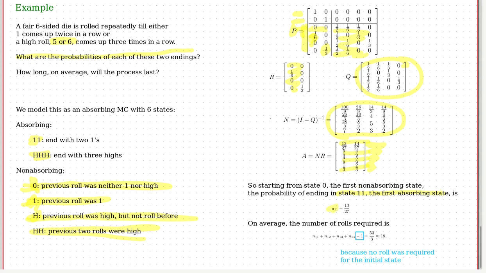In other words, we're starting in the first non-absorbing state, state 0, where we don't have any streak to build on, and we're wondering about the probability of ending up in the first absorbing state, right? And the probability turns out to be 13/27, right? So the probability of ending up in state 1, of rolling two 1s, is 13/27. The probability of ending up in the high state, rolling three highs in a row, is 14/27. It's just slightly more likely, right?